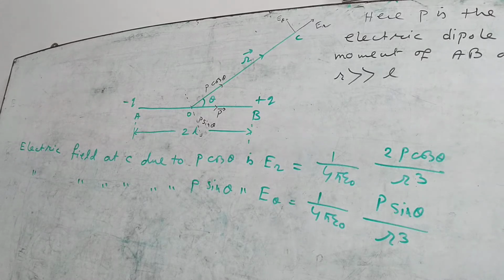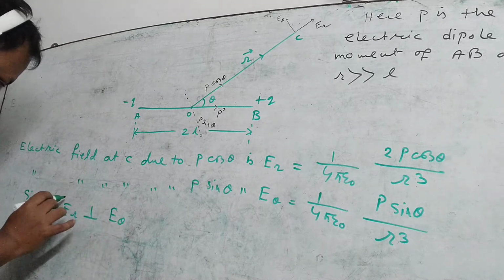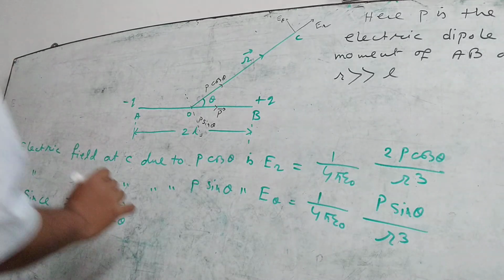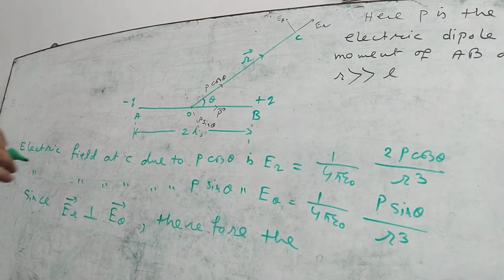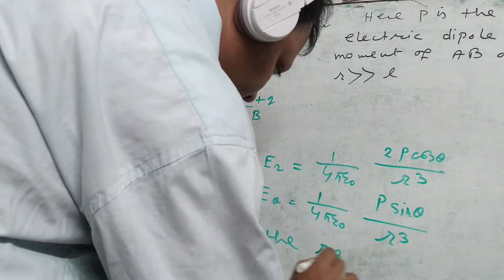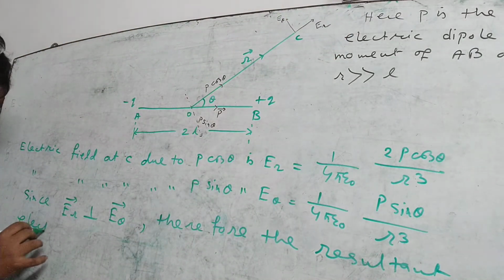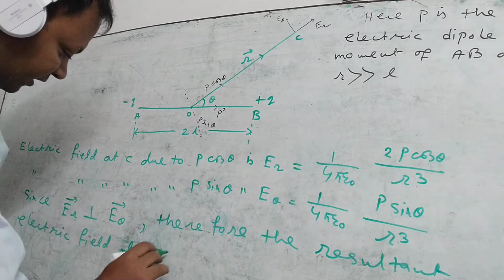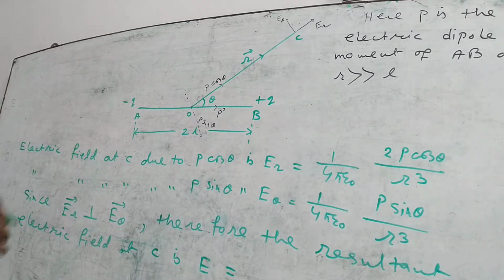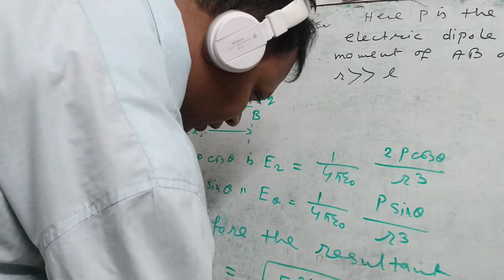Since E theta and E r are in mutually perpendicular directions, the resultant electric field at C is E is equal to under root of E r square plus E theta square.